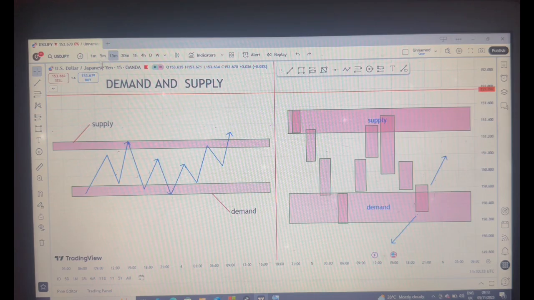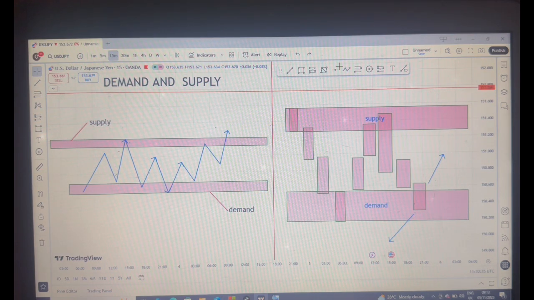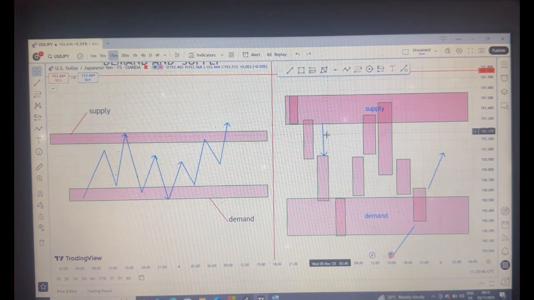Like you can see here now, this particular spot, from this point down to this point, that's our imbalance, that's our fair value gap. This is where our fair value gap lies. We'll see that in the market.